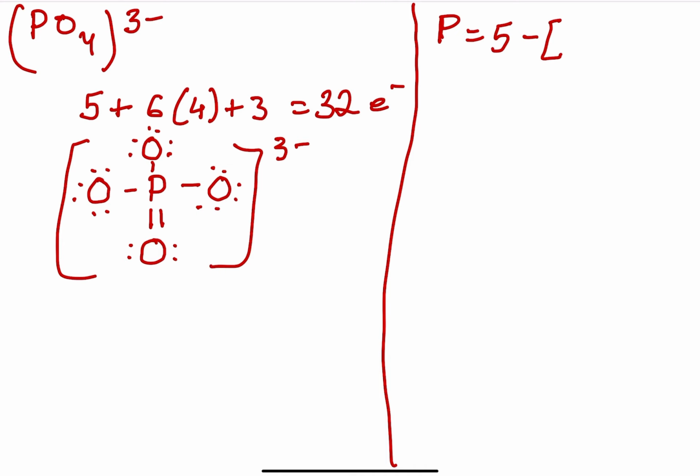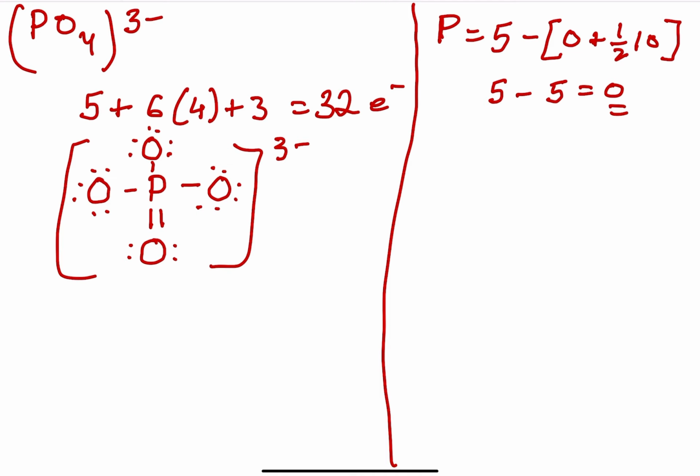If we look at it, how many lone pairs? No lone pairs, so 0, plus half the number of bonding electrons. How many bonding electrons are there? 1 2 3 4 5 6 7 8 9 10. So 10 over here. So 5 minus 5 equals 0. So the formal charge of phosphorus is 0.